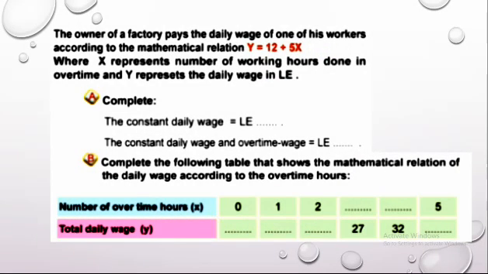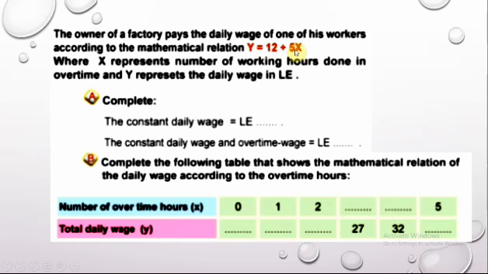Next question. The owner of a factory pays the daily wage of one of his workers according to the mathematical relationship Y equals 12 plus 5X. What is X? X represents the number of working hours done in overtime. And Y? Y represents the daily wage, in LE.